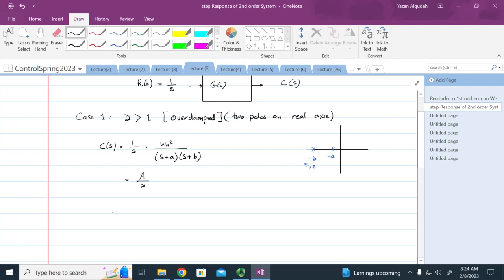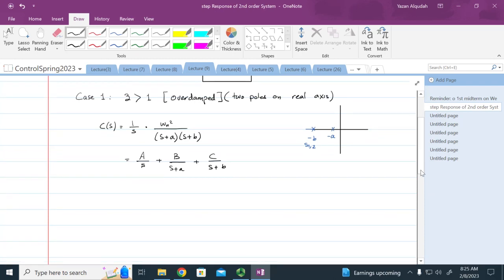This is going to expand as A over S plus B over S plus A plus C divided by S plus B. And therefore, let's calculate the value of A. What is the value of A equal to?